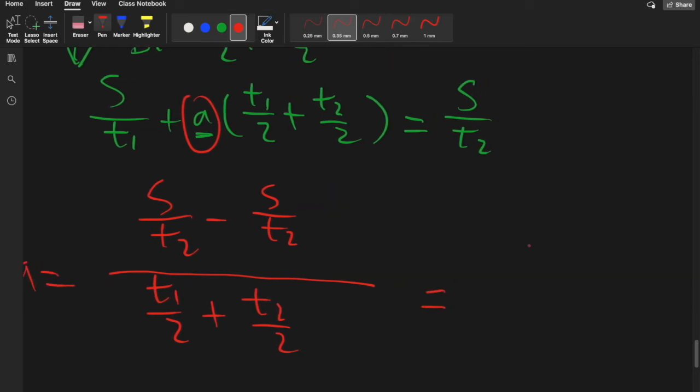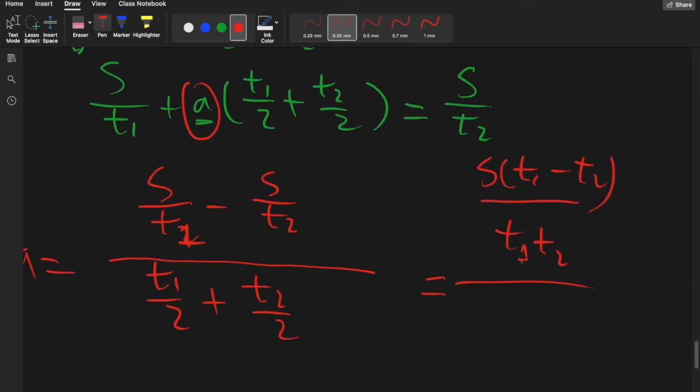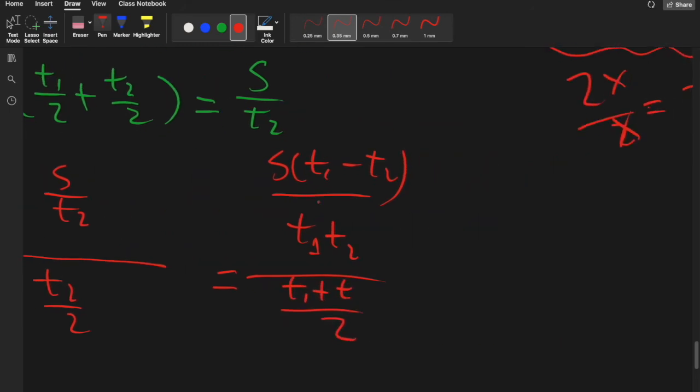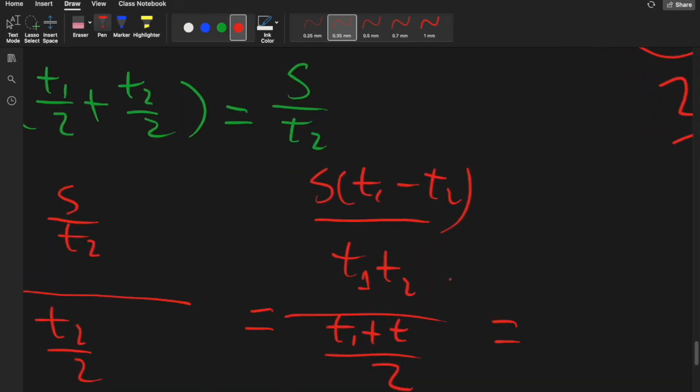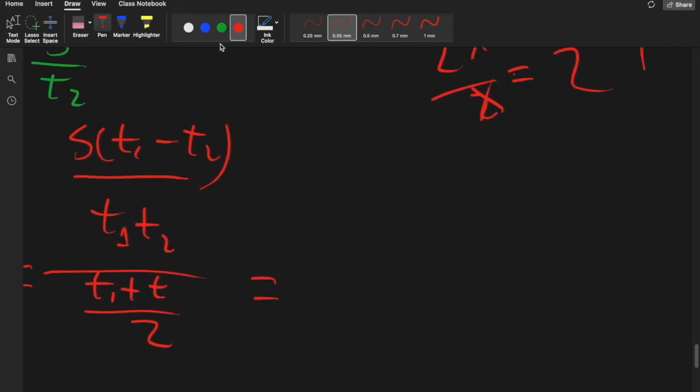So just combine those fractions. Here is T1, T2, as T1 minus T2 over T1 T2, over T1 plus T2 here, A. So this part will go down and the 2 will go up.